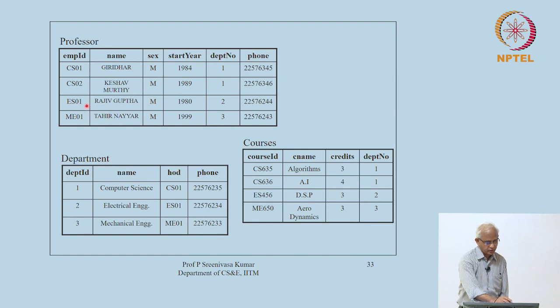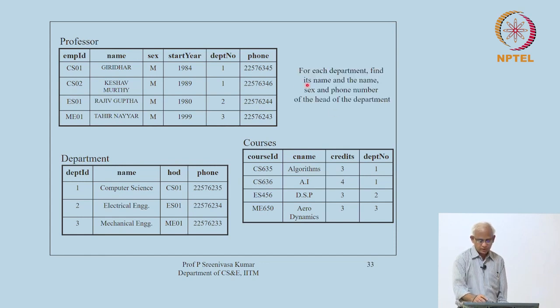Under professor, we have a couple of computer science professors, an electrical engineering professor and a mechanical engineering professor, and so on. And we have here computer science, electrical engineering, mechanical engineering departments, and then some courses like algorithms, AI, DSP, and aerodynamics, and all that. Okay. So, some data is there. We will just use this data in order to illustrate a couple of queries. So, now let us consider this.